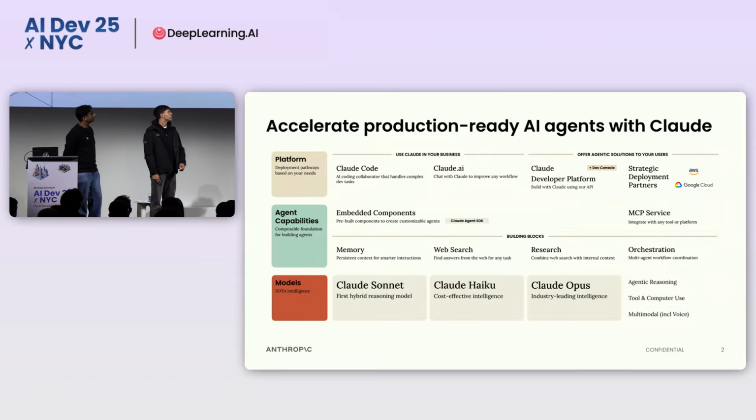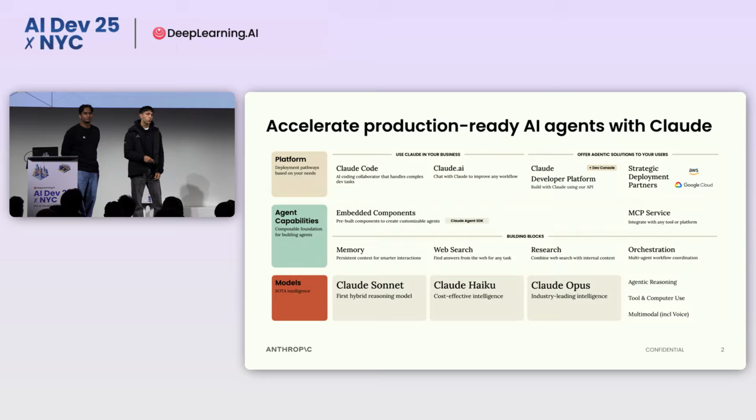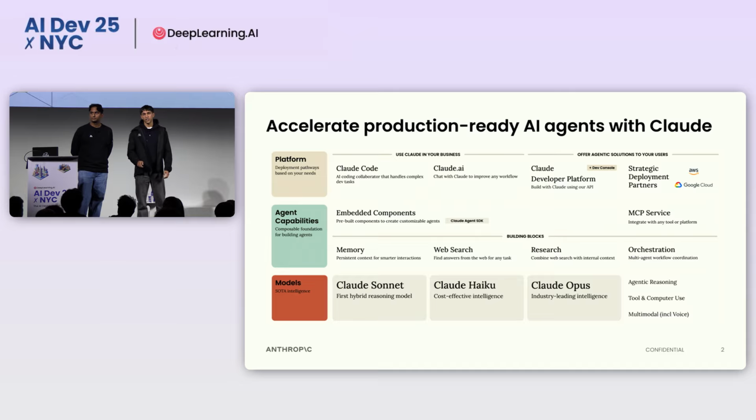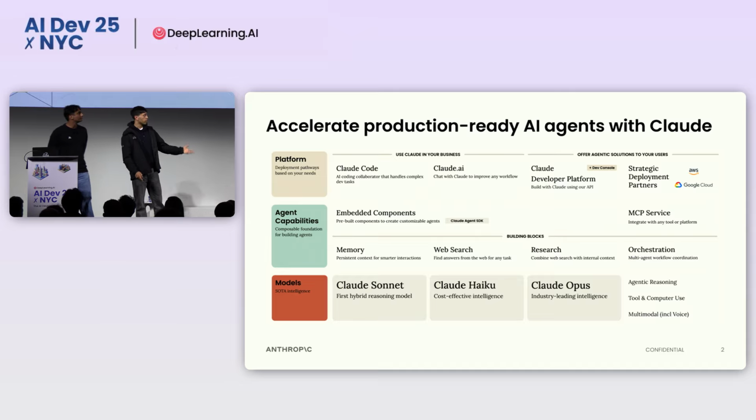And then finally, on top of that is where we have Anthropic's top-level platform, which are things like Claude Code, Claude AI, you all know these, and then the Claude Developer Platform, which is what we are going to be spending most of our time on today. This is what you build on top of to build your own applications. And in the next slide, I'm going to take you through the roadmap for the developer platform.